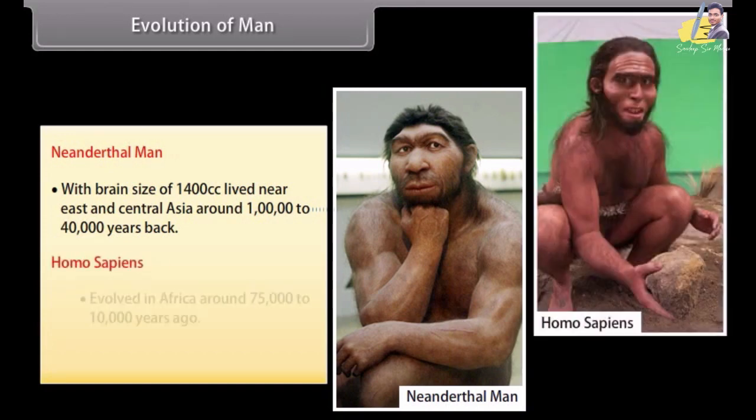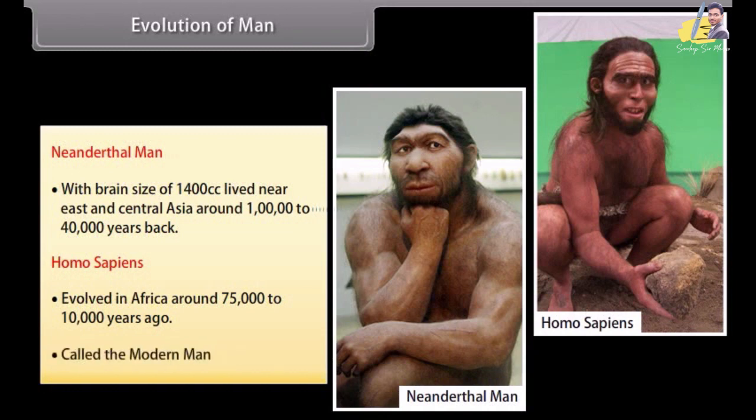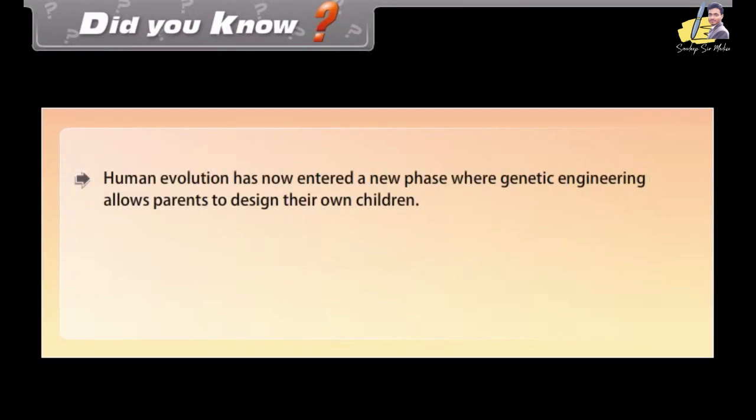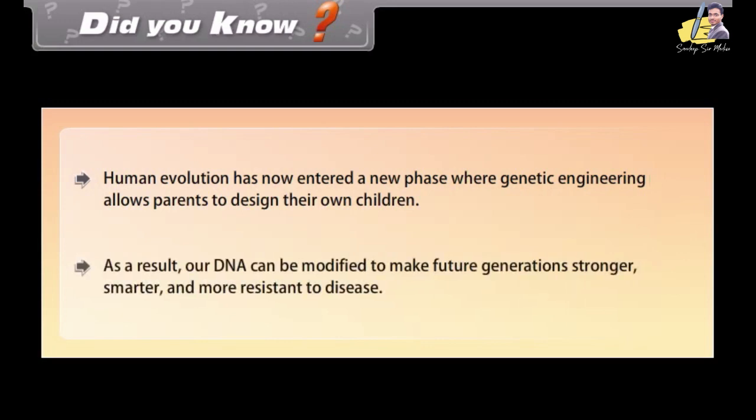Homo sapiens evolved in Africa around 75,000 to 10,000 years ago, called the modern man. Did you know? Human evolution has now entered a new phase where genetic engineering allows parents to design their own children. As a result, our DNA can be modified to make future generations stronger, smarter, and more resistant to disease.